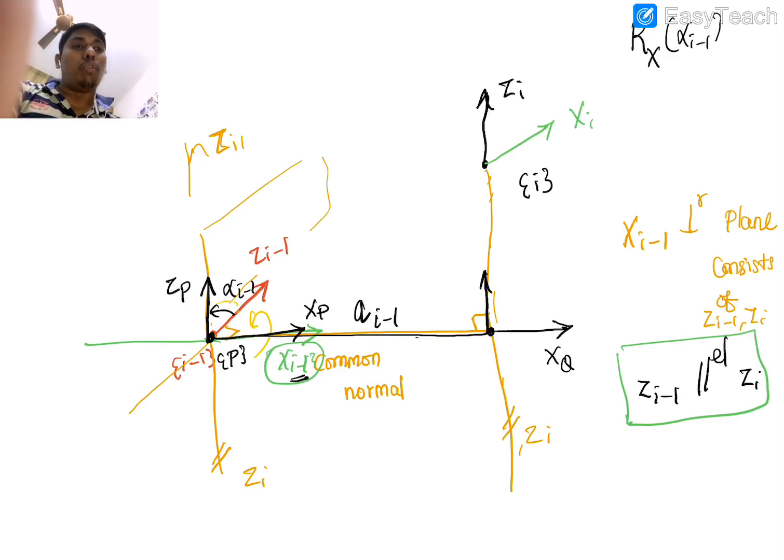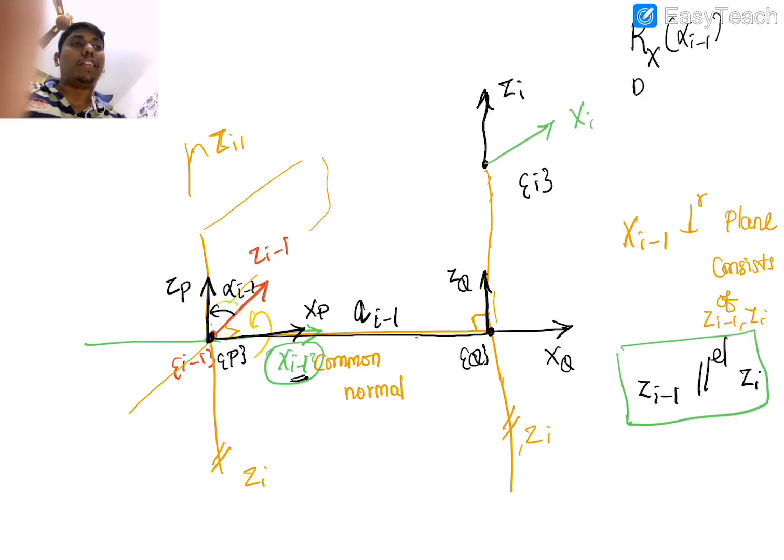So now there is a new coordinate frame called q, where zq and xq are parallel to zp and xp, but translated apart along xp by the distance I called ai minus 1. Now what I did is a translation.